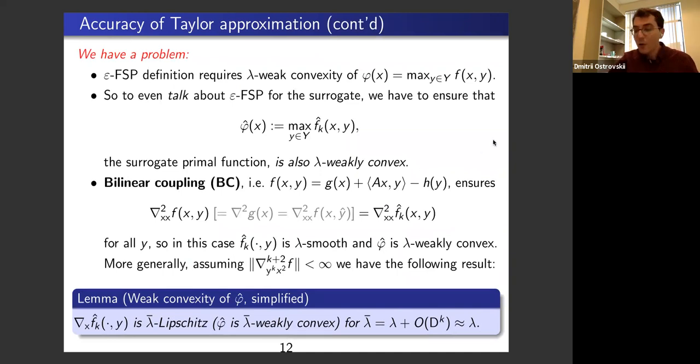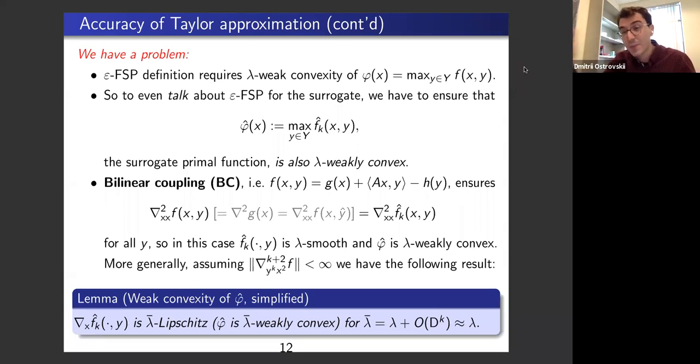Now without going into much detail, it can be shown first of all that the primal function in the approximated problem, which I call phi hat, omitting the k index, is essentially lambda plus something small weakly convex.